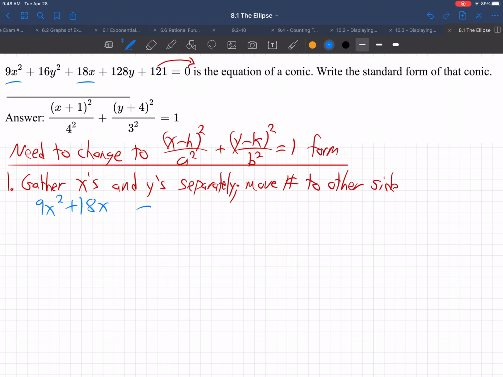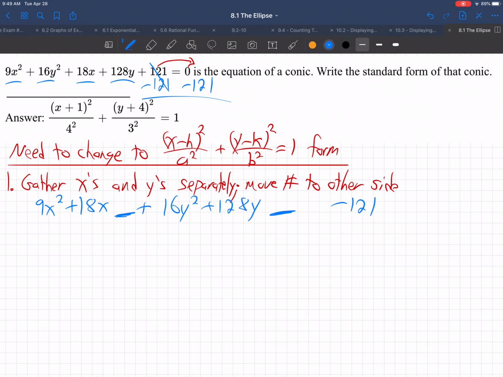I'm going to leave a blank, and I'm going to gather 16y squared and 128y. And like I said, I'm going to jump the 121 to leave a blank. I'm going to leave a blank after the x stuff and a blank after the y stuff. And I'm going to move the 121. I'm going to subtract 121 from both sides. So it'll become minus 121 on the other side.